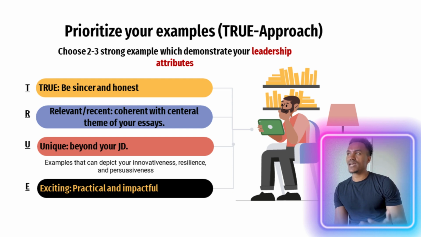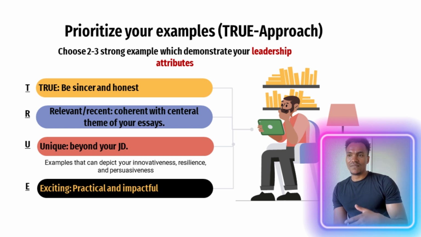It should be exciting in the sense that it should be practical, and it should be impactful. There should be some impact due to your leadership activities. So the example should show some impact you made in the community or in your organization. So pick something with impact.